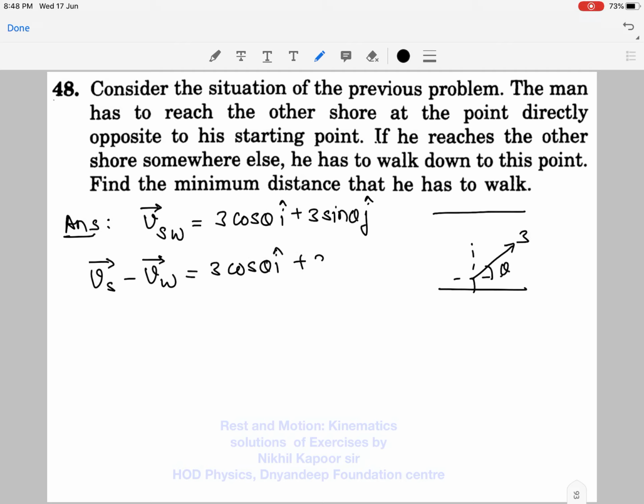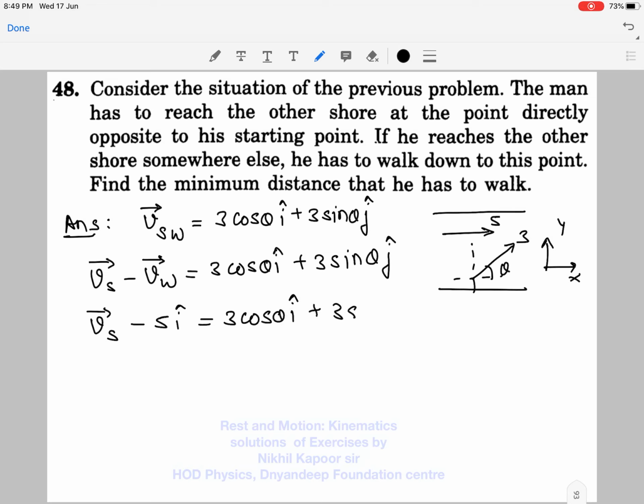The velocity of water is 5 km per hour; I have taken this direction as x-axis and this is y-axis. So velocity of swimmer will be equal to minus 5 i cap plus 3 cos theta i cap plus 3 sin theta j cap.